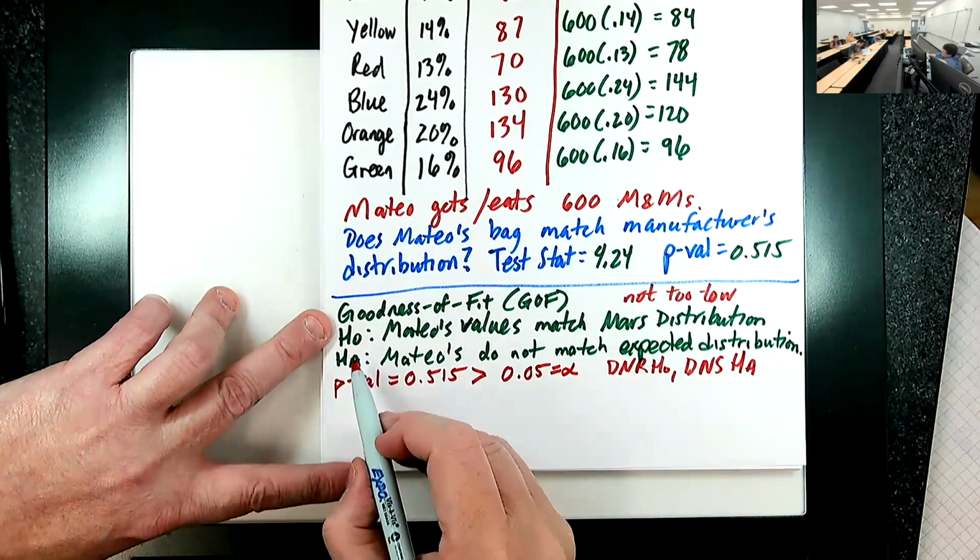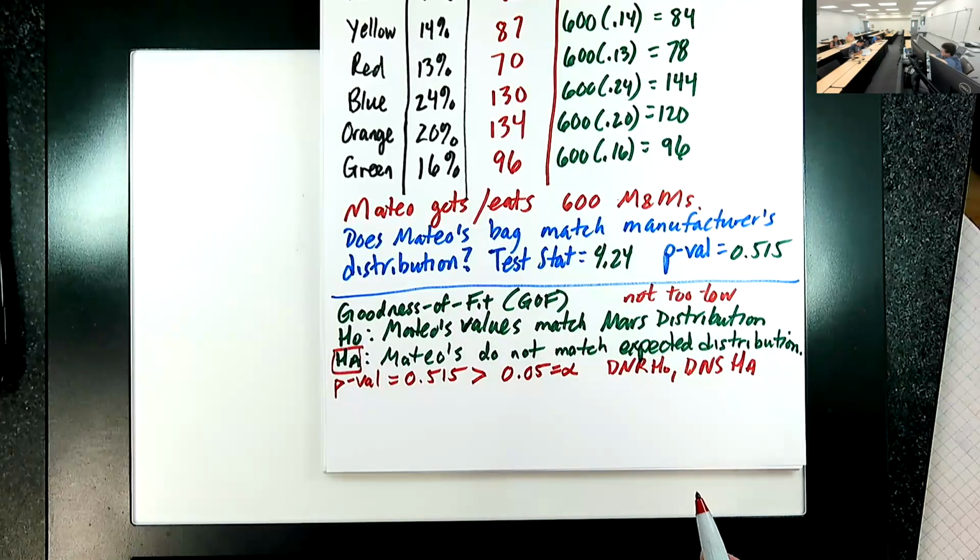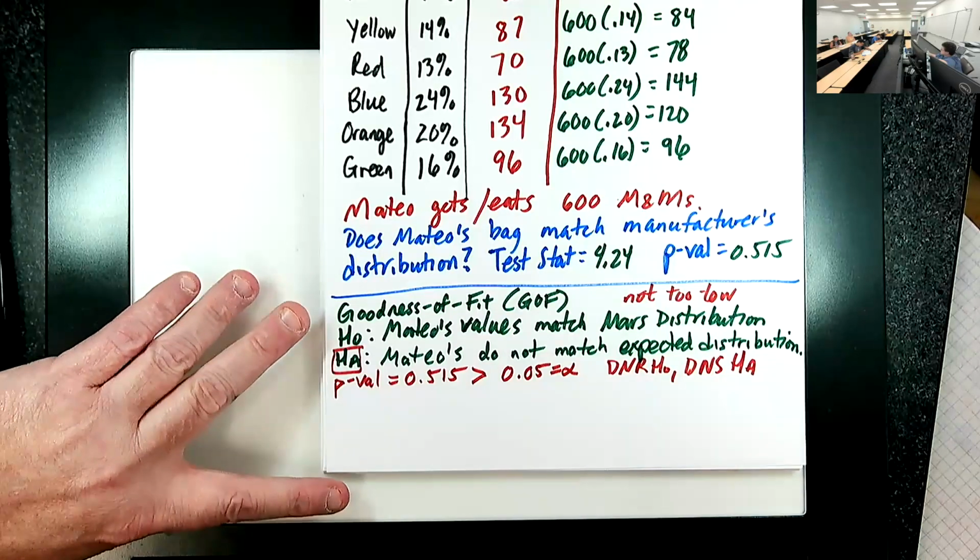Our statement is always about HA. So you may be inclined to say that Mateo's values match Mars' distribution. Don't.